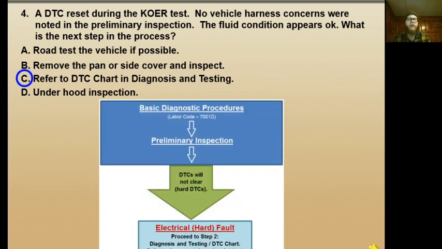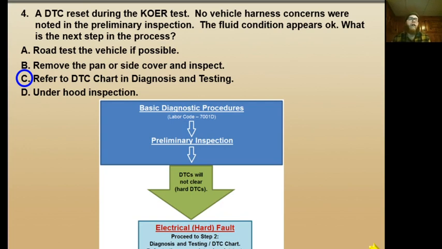So we'll refer to the DTC chart in diagnosis and testing. If we get a code out of a vehicle, that's a very, very convenient method for us to find the right pathway to diagnose. That code is pointing at a specific system of our transmission. It could be electrical, electrohydraulic, electromechanical, or just hydraulic.